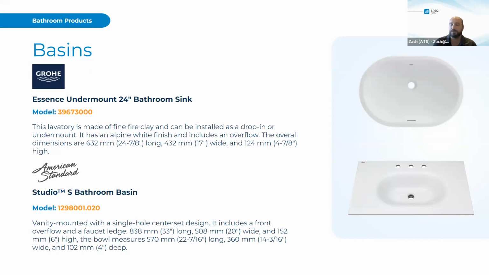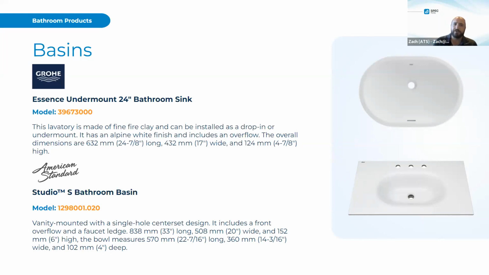It almost looks like an integral counter, which is in essence what it is. But you are selecting your hole punching, which means that you have to make sure you're matching the faucet. And that's going to be easy on the ATS spec system because our rule-based engine coordinates all that for you. So as you select your 8-inch center set, you're only going to see 8-inch center set faucets.